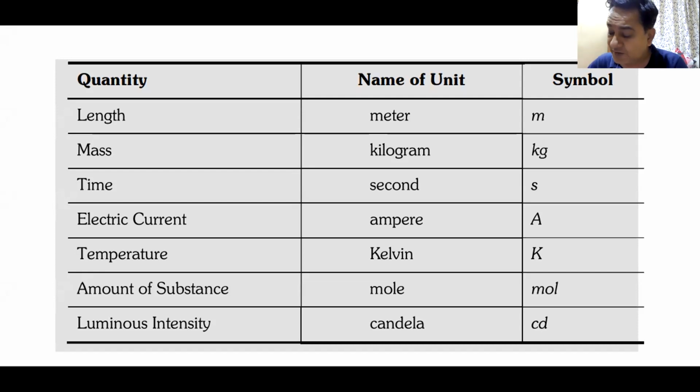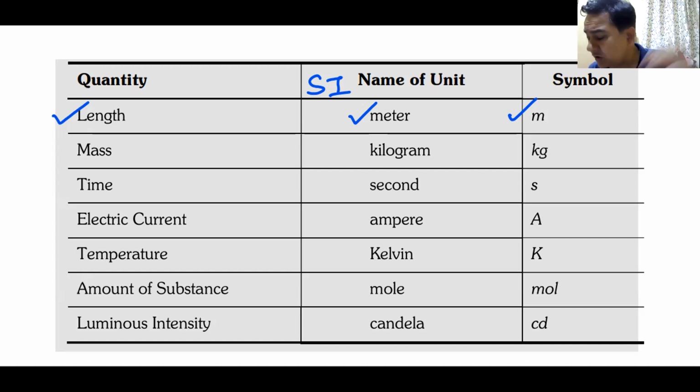The first one that we can see is length. The first fundamental physical quantity is length. What is the SI unit of length? SI unit of length is meter and it is denoted by the symbol m. So you see there are 3 columns here, yes or no? But when you're going to make it in your books, you will make one more extra column.